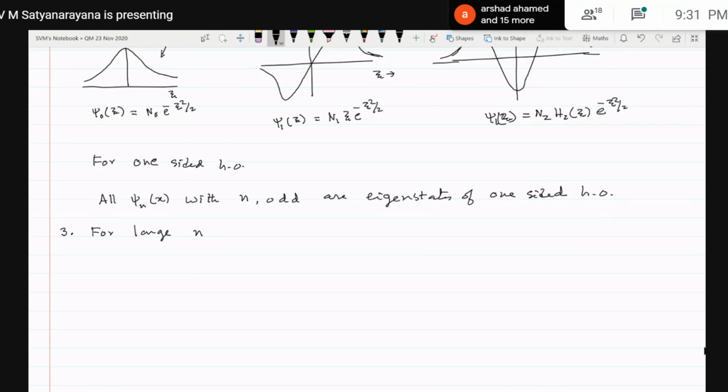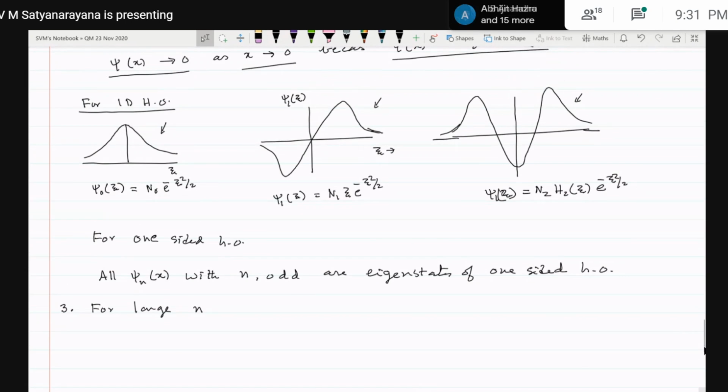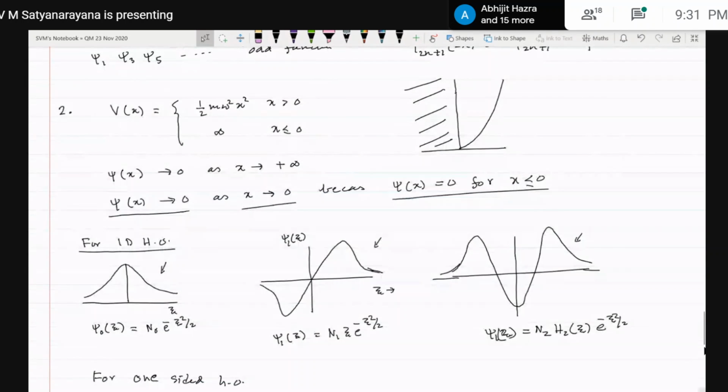For large n, if you actually plot, for example in this particular case, suppose you are trying to plot the probability, it will be something like this for this one, and something like this for this one.